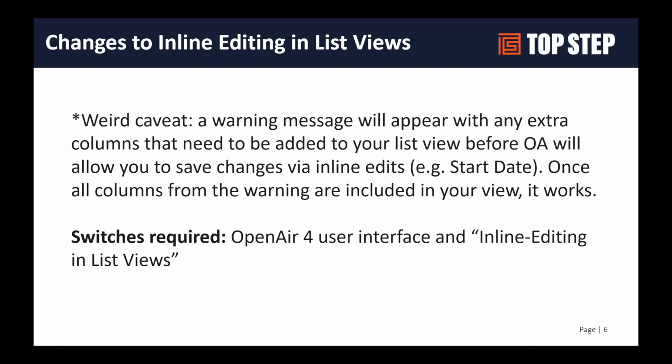Start date was one of those. If you remove start date and try to do inline editing, it doesn't like that. It's looking to have start date for some reason in the field population. So it'll warn you that the fields are missing. Once you add any columns that are missing due to the warning message, then everything works as expected.